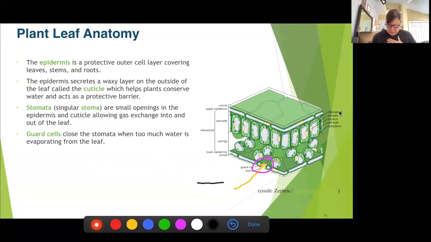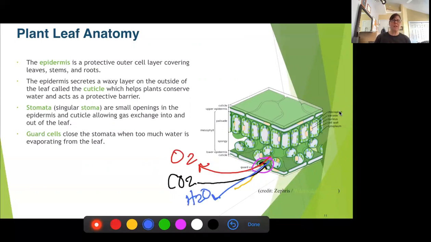We have CO2 going into the stomata, and let's do oxygen in red, oxygen exiting the stomata. But at the same time, we could have water vapor escaping, and we don't want to lose water. When it's really hot, we'll talk about the different mechanisms plants use to help prevent too much water loss at the end of the chapter.